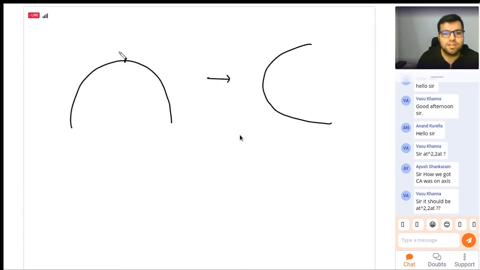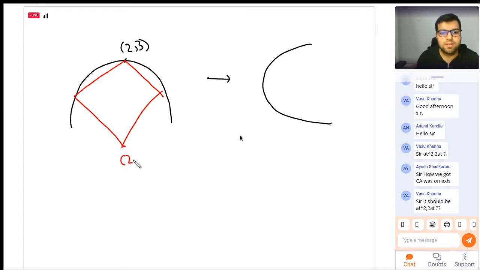So this point was 2 comma 3, and then I drew this square. This particular point was 2 comma 1, this way. So we know that this thing is going to be the axis of this downward parabola. Why am I saying that this is the axis?